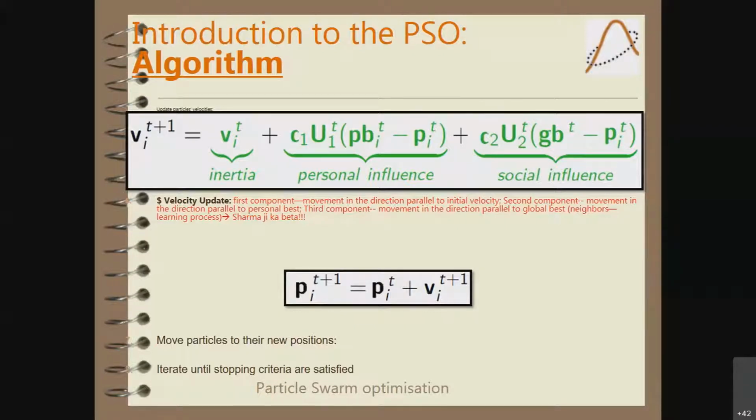However, think about this. If I ignore the second term and the third term completely, what am I doing? I really don't care about what my neighbor is doing. I really don't care about improving my own performance. I'm a happy-go-lucky guy, and you can still apply the particle swarm optimization algorithm, but then you will have some velocity which doesn't need to be updated, and you can keep on just changing the direction of the velocity vector and keep updating your position and be happy.